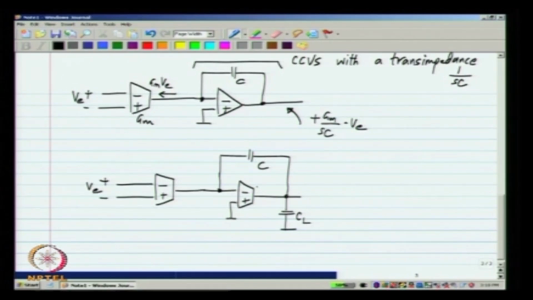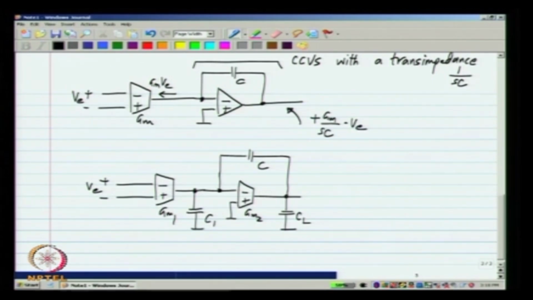I have VE here, I will call this Gm1 and I will call this Gm2 just to distinguish between them, and also invariably between any node and ground there will be parasitic capacitance. Between the output of the first transconductor and ground there will be some capacitance which I will call C1. In analysis we need to include the effects of all of these things and finally figure out what exactly happens.